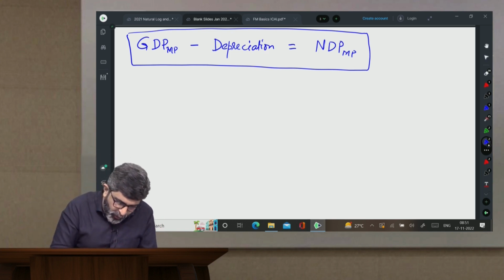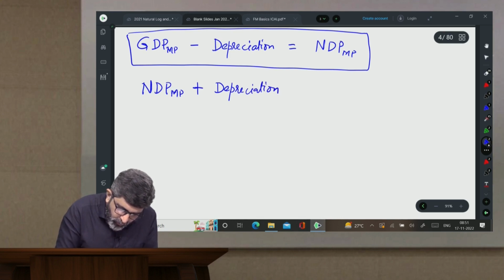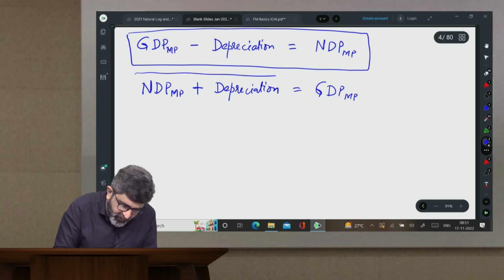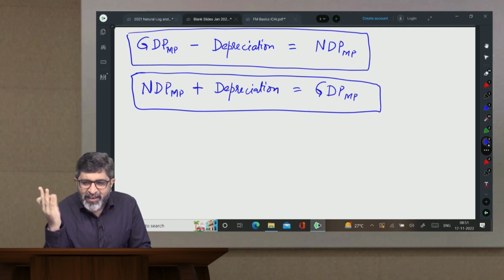So if I write one more equation this way, NDP at market price plus depreciation would give you GDP, gross domestic product at market price. Another equation that you can build over here. Logically, if you are clear, things are so simply connected.